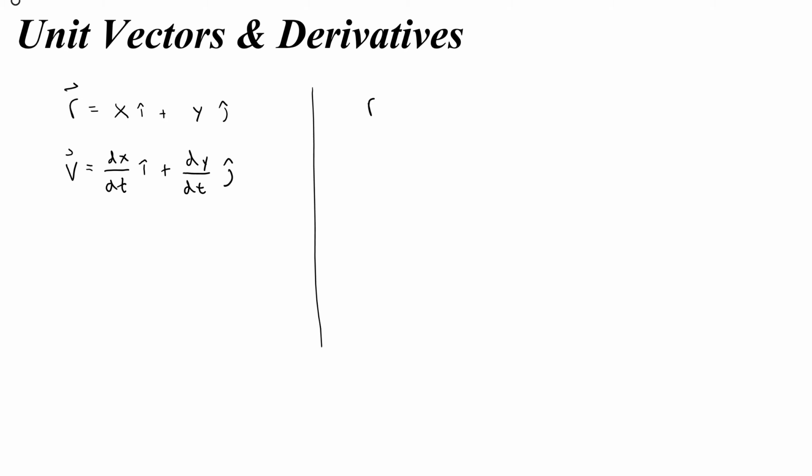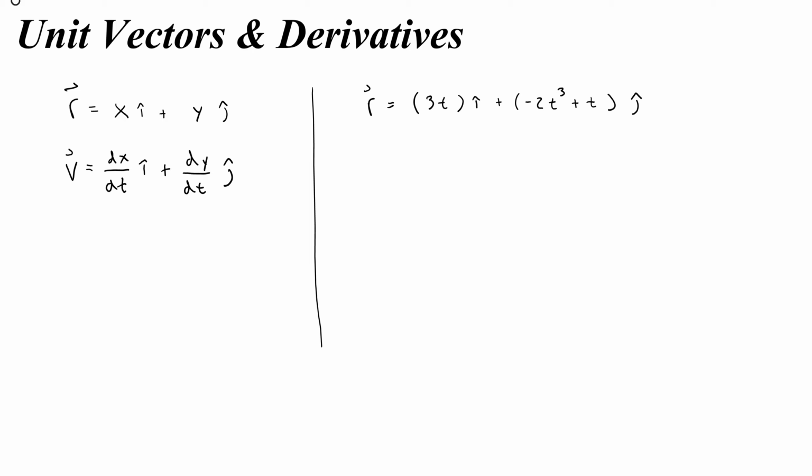Let's say that you had an r, but instead of giving you actual coordinates, you had equations. Whoa. All right, well, that would look something like this. Let's say 3t i plus, how about negative 2t cubed plus t, j.